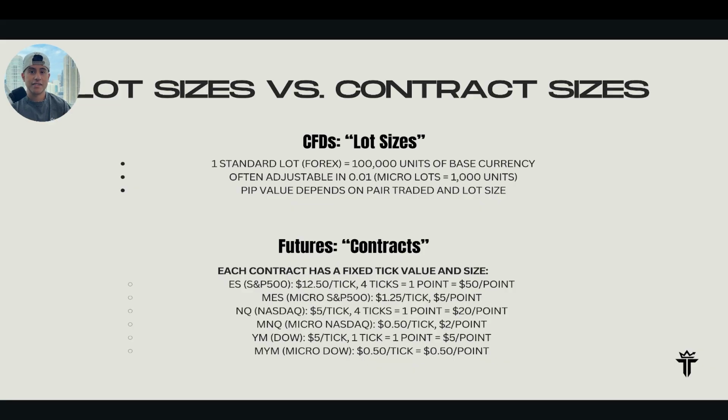So if you're trading S&P, now here's another little lesson for you guys. S&P is ES. That's going to be the ticker. That's going to be what you type to look for the asset. If you want to trade NASDAQ, you're going to look for NQ, which is also kind of nice, because I'm sure you guys noticed if you're trading CFDs, sometimes it was NAS100, sometimes it was NDX, sometimes it was US Tech.